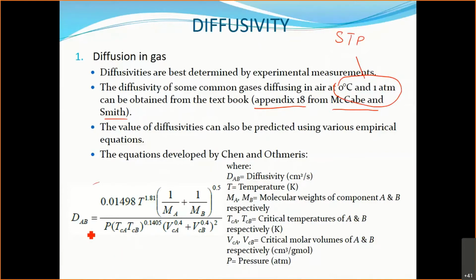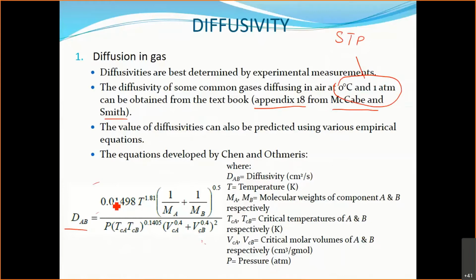In order for us to calculate the DAB, we need to know the temperature, the molecular weight of component A, the molecular weight of component B, and the pressure of the system. TCA is the critical temperature of component A, TCB is the critical temperature of component B, and VCA and VCB are the critical molar volumes of components A and B. All these values are given in the appendix.